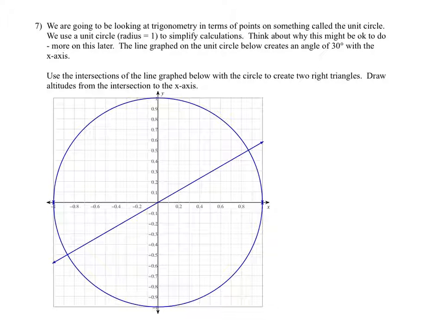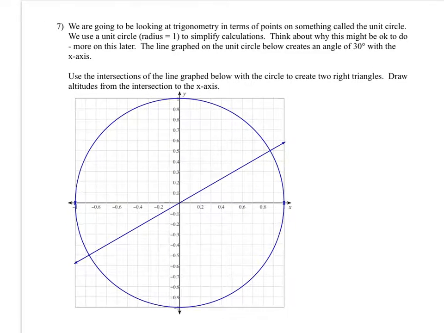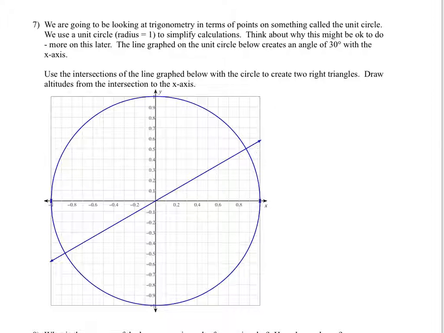On our next page, we were asked to take a look at something called the unit circle. The big thing in the unit circle is that the radius is equal to 1, so any radius in the circle, including this one, has a length of 1.